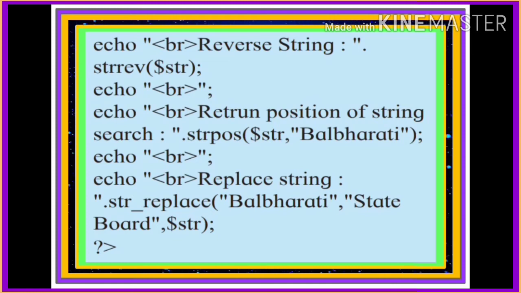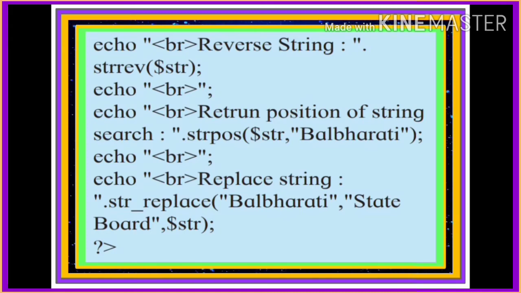Here in the strpos function, two arguments are passed. First is a variable having a value of string. The str variable holds the string: textbooks produced by Balbharti are also published in PDF format.